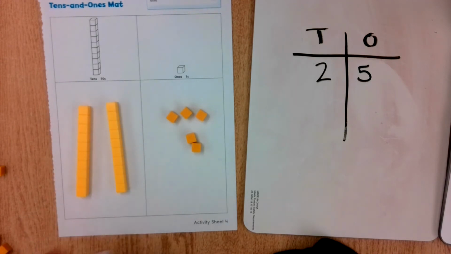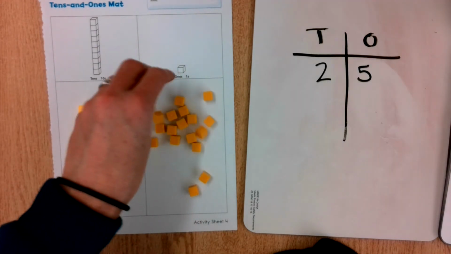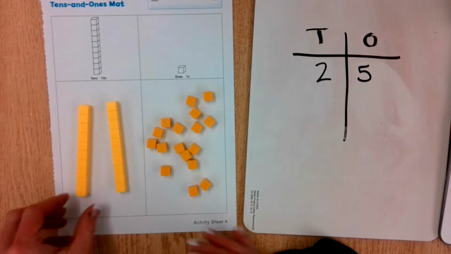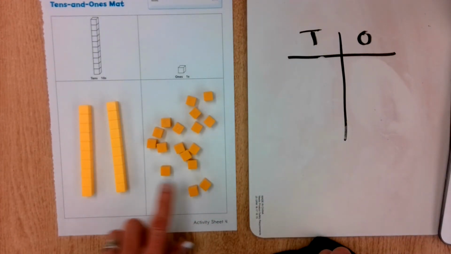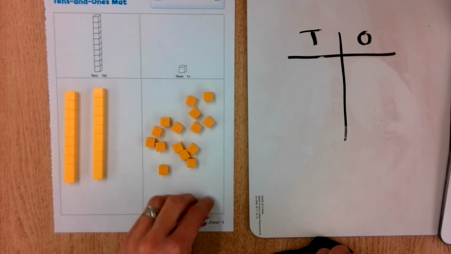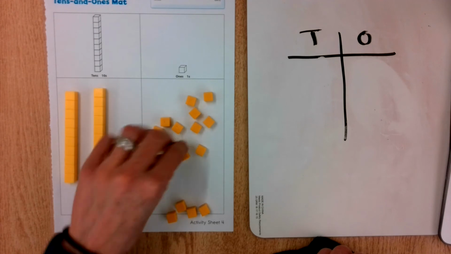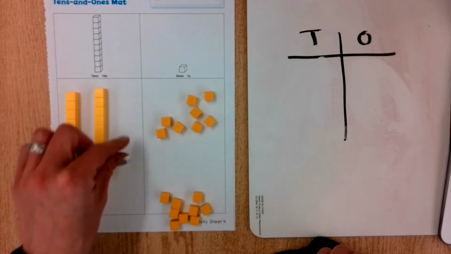Let's try that again. I'll leave the 2 on there. And now I've got the number, let's see, I know I have 2 tens here, but I think I have too many ones here. So let's count 10 out. 1, 2, 3, 4, 5, 6, 7, 8, 9, 10.